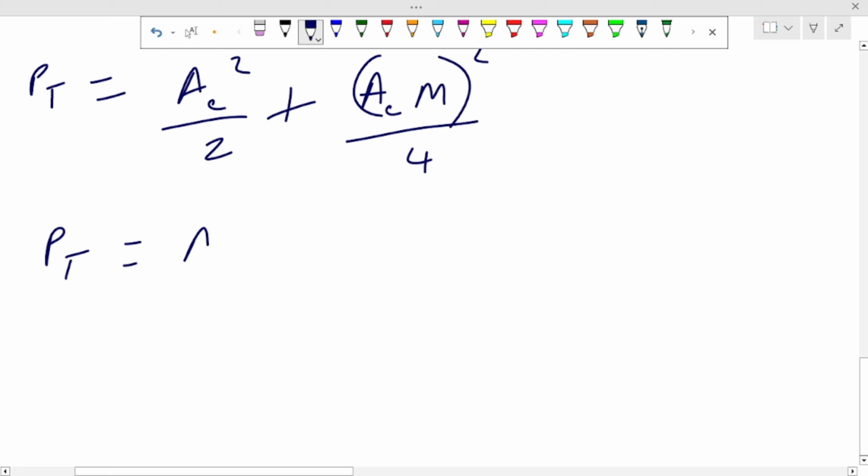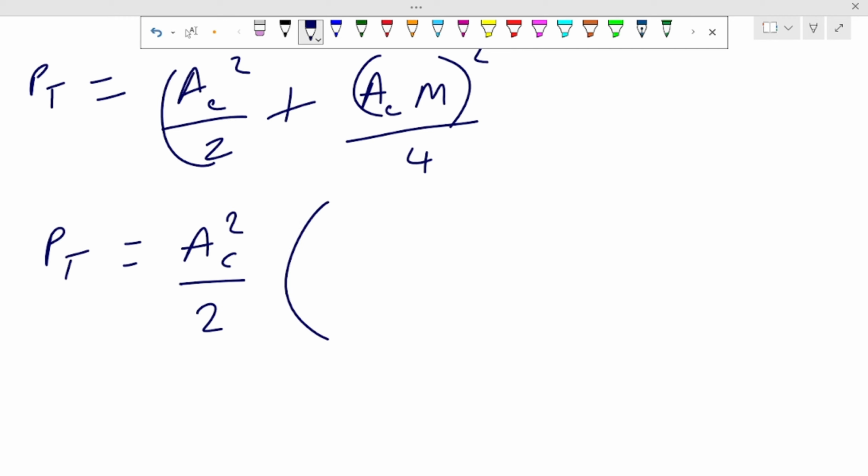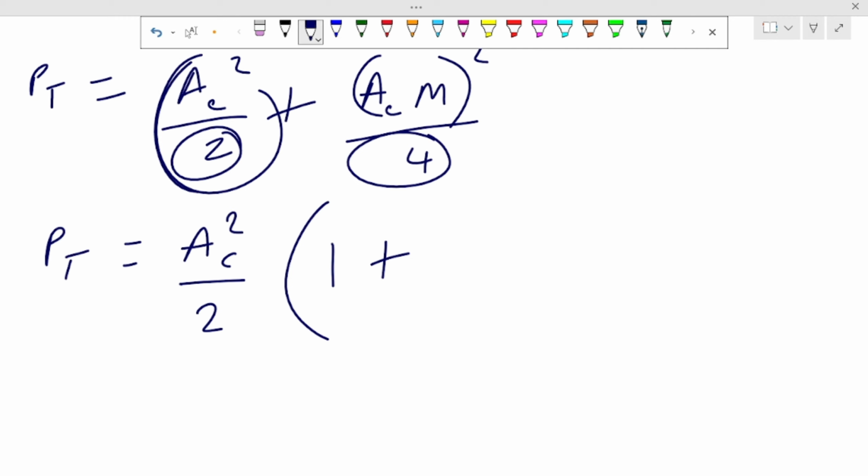Now if you remove AC squared over 2, what will be left here will just be 1 plus what? As you factorize this 2, take it away from here, we remove everything from here, and what's left is just 1. Do the same to here.